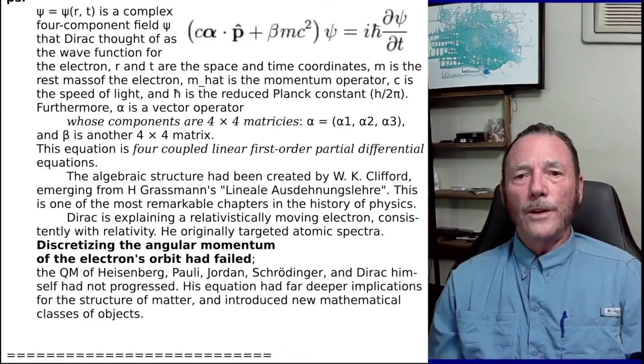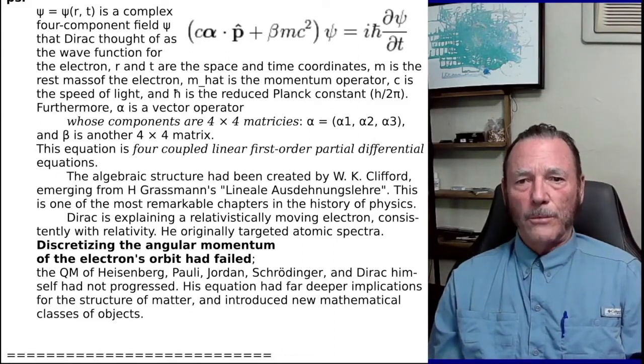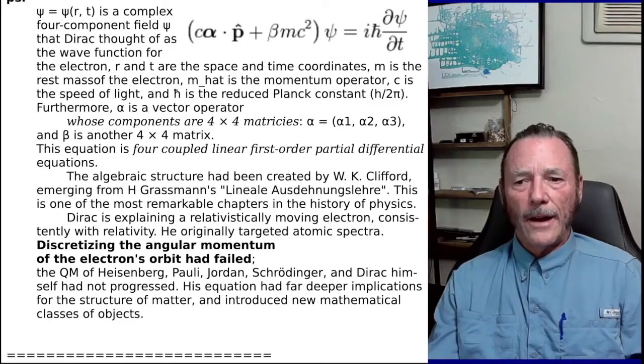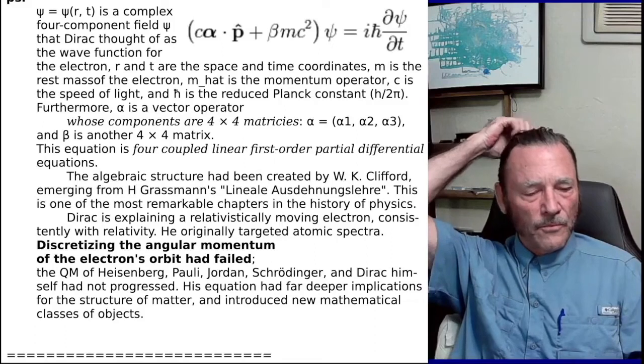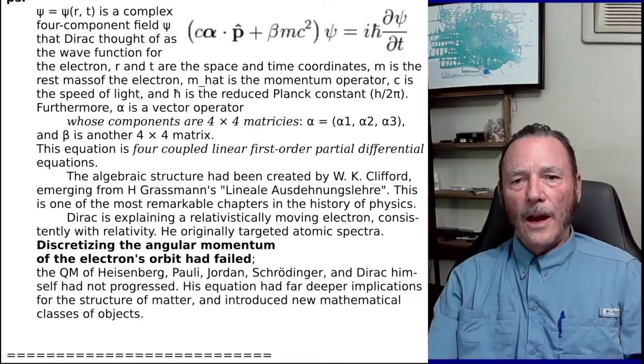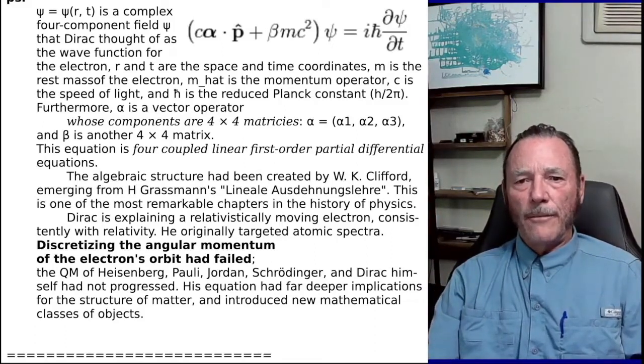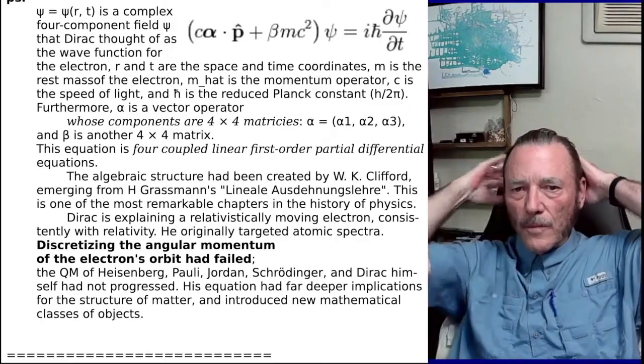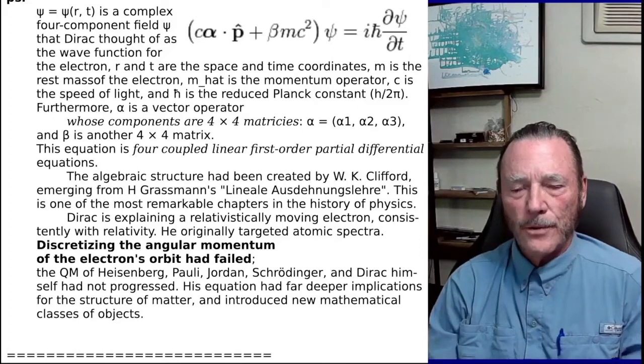So there are only 3 terms in this equation: psi, psi, and the coefficient. And now I'm going to tell you how to read this. The i means imaginary. This means reduced.